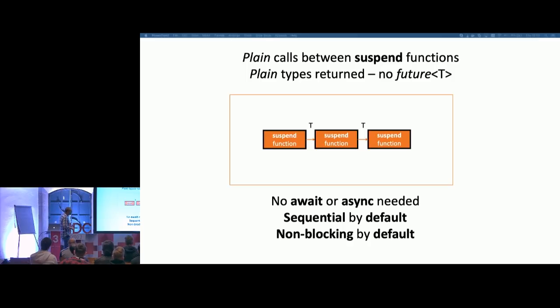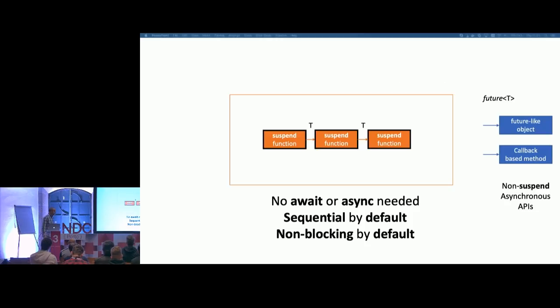Well, things are a little bit more complex than this. The first complexity point appears when I need to interact with legacy code. For instance, when I need to call a JVM function, for instance, the Apache HTTP client or the async HTTP client, which are not suspend functions.